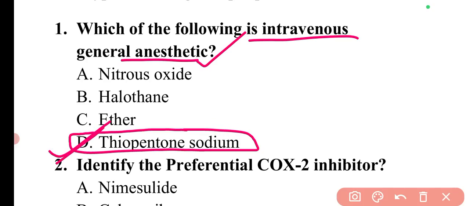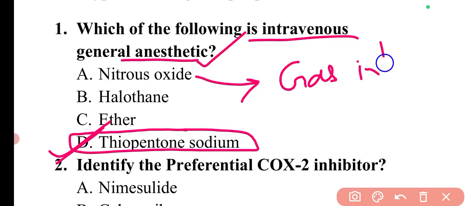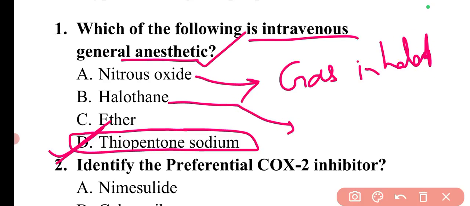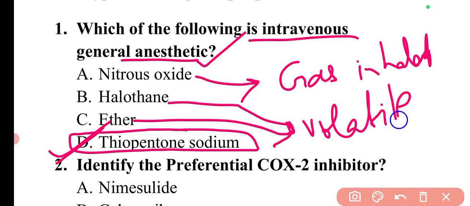So option D will be the correct answer. In this, nitrous oxide is a gas, an inhalational general anesthetic, while halothane and ether are both volatile liquid general anesthetics. So in this particular question, option D will be the correct answer.